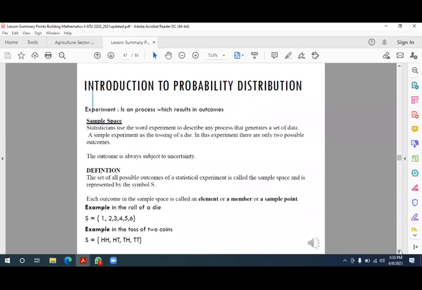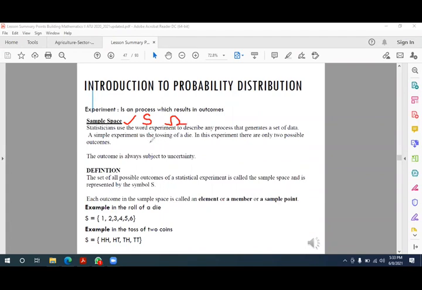And the results of the weather forecast could be a sunny day or a rainy day. So the possible outcomes of the weather condition could be what? Sunny or rainy. So that will be our experiment. Now, the set of all possible outcomes of the experiment is referred to as a sample space, and it's usually denoted using capital S or omega.